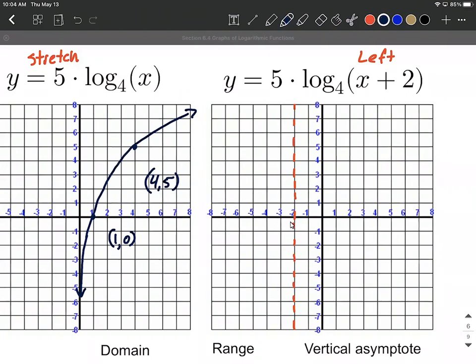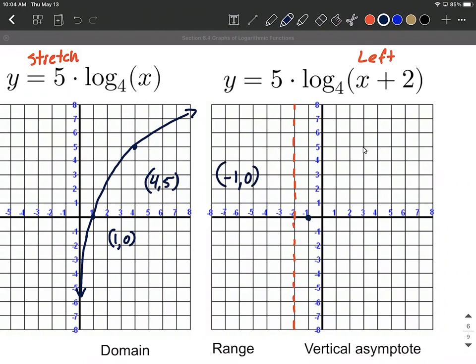Okay, the next thing I'm going to do is move these 2 key points to the left 2 as well. So we had one that was at (1, 0). That's going to move 2 units to the left, so that's going to go over here to (-1, 0). The other key point was at (4, 5).